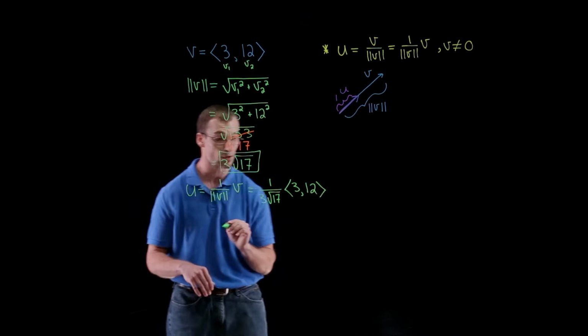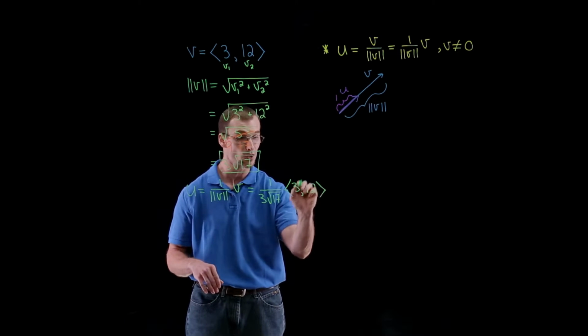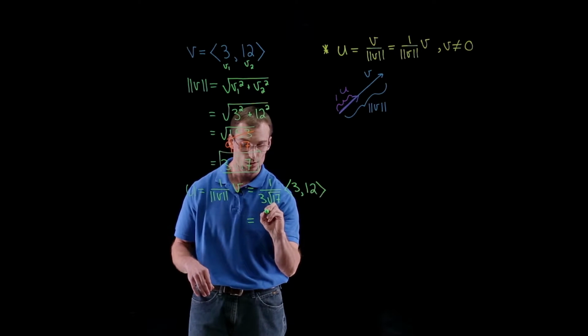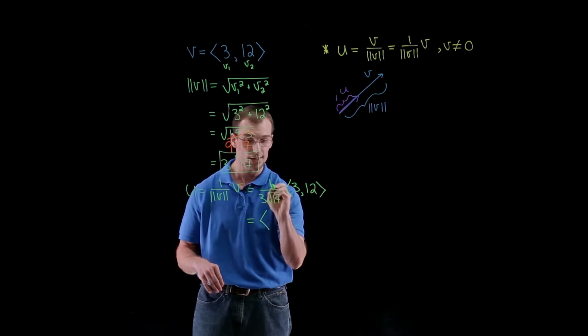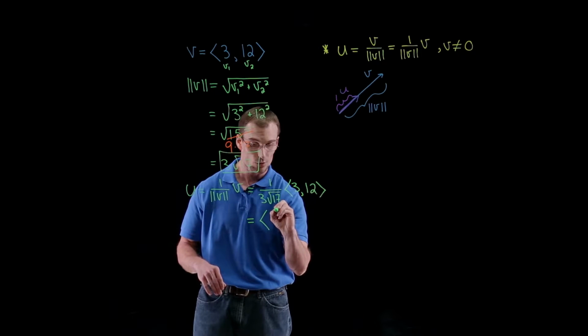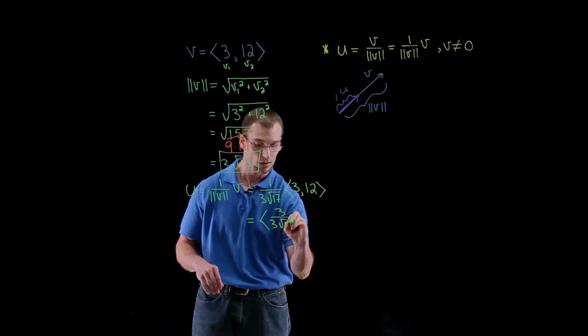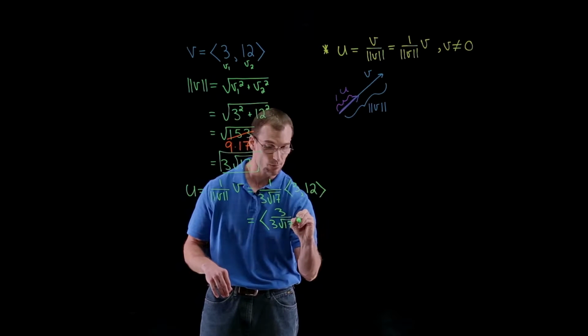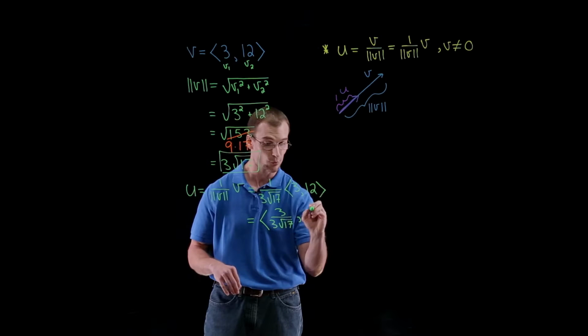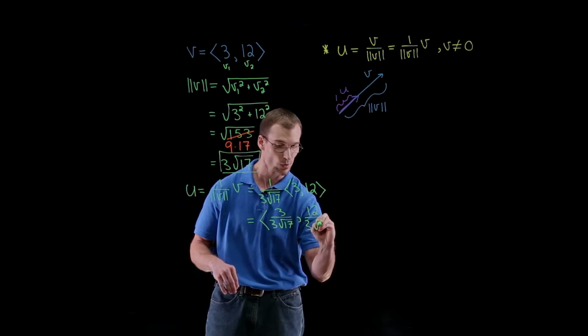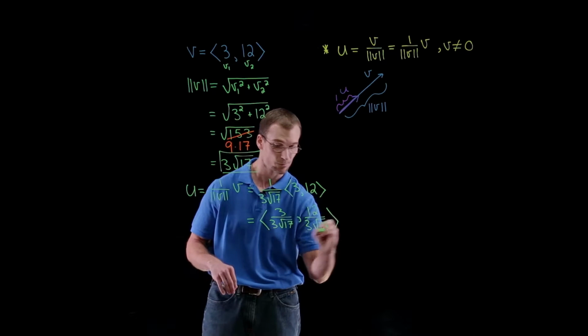And remember, when multiplying a vector by a scalar, we just multiply each component by that scalar. So this is equal to the vector 3 times 1 over 3 root 17, or 3 divided by 3 times the root 17, and 12 times 1 over 3 root 17, or 12 divided by 3 root 17.